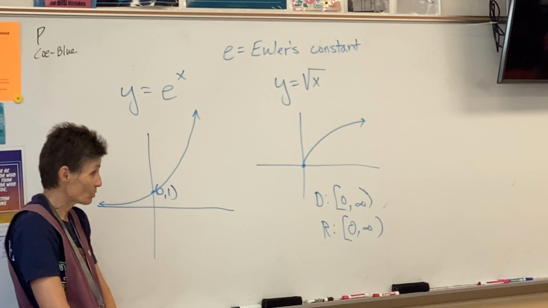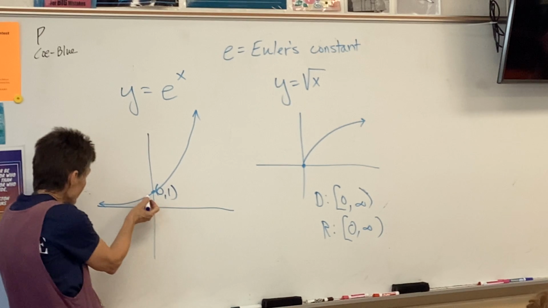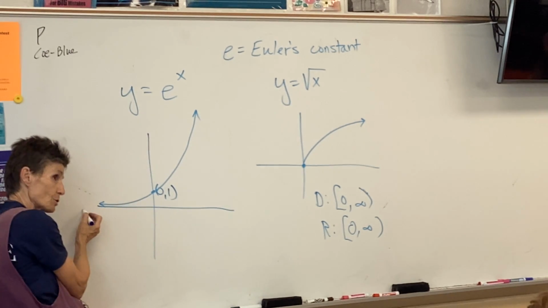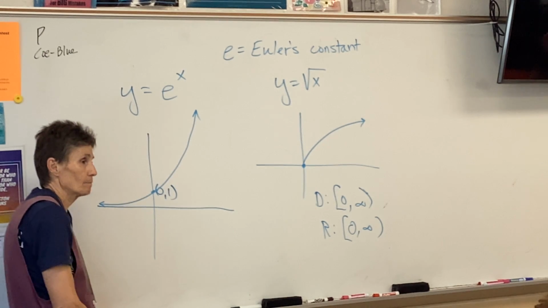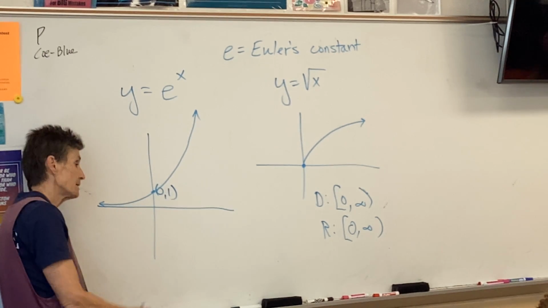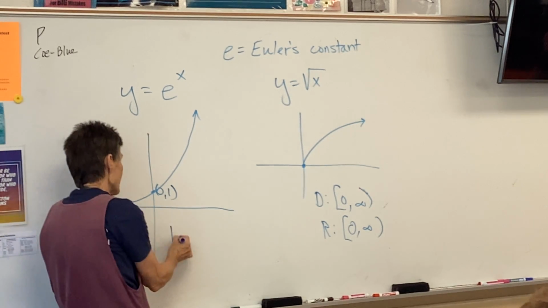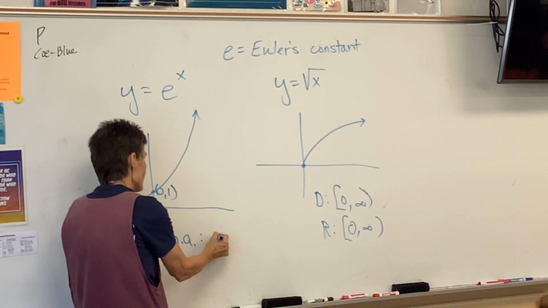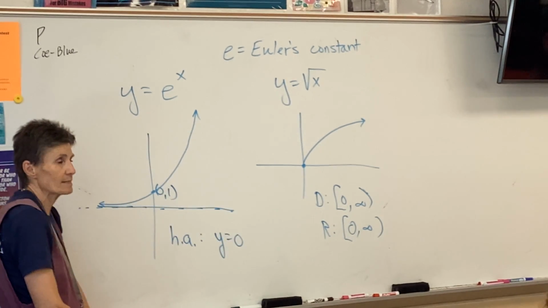Anything to the 0 is 1. So it contains that point, comes down closer and closer and closer, and then shoots upward. Does this one have an asymptote? It sure does. It has a horizontal asymptote at y equals 0.